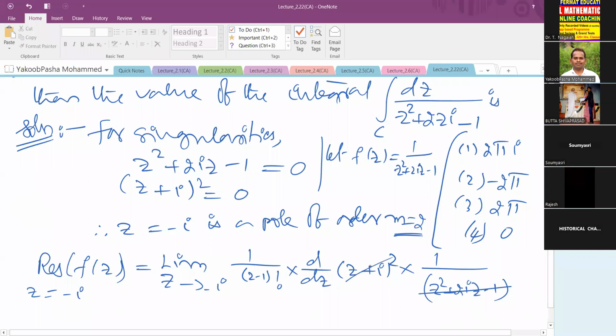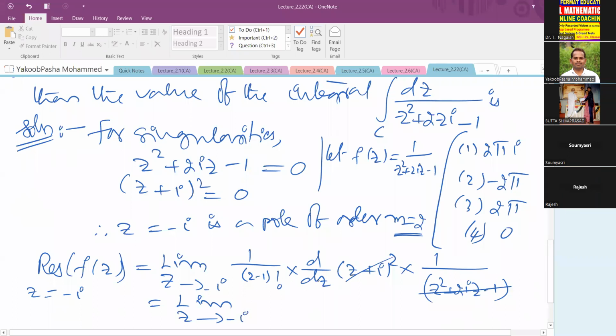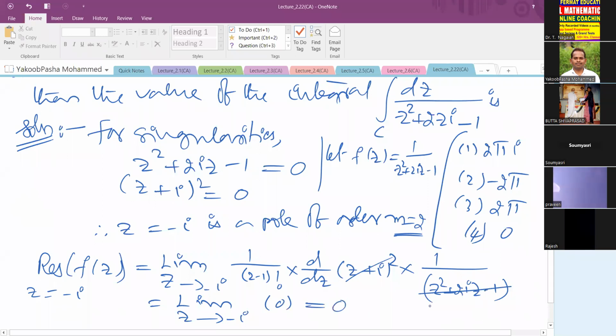This term will be cancelled. So this is equal to the limit as z tends to -i of 1, and the derivative of 1 is 0. So the residue will be 0.